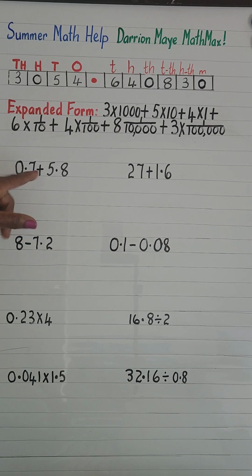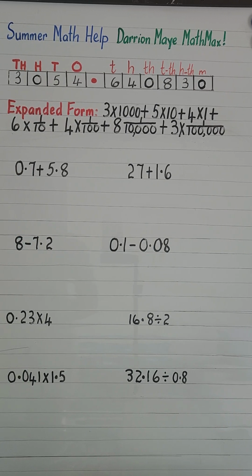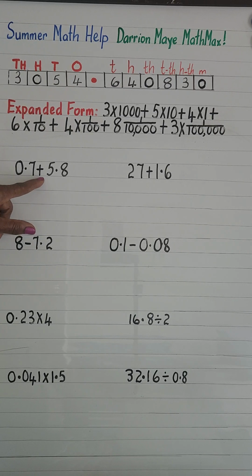So let's continue with our decimals. Now we're going to be adding decimals, 0.7 plus 5.8. The rule to add decimal numbers is we line up the numbers vertically so that the points line up.